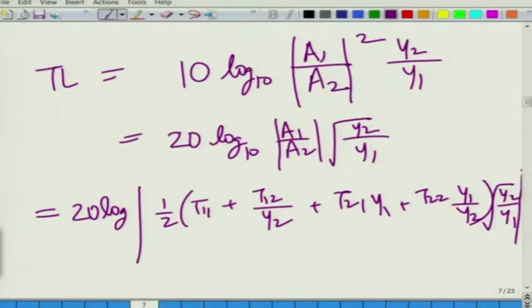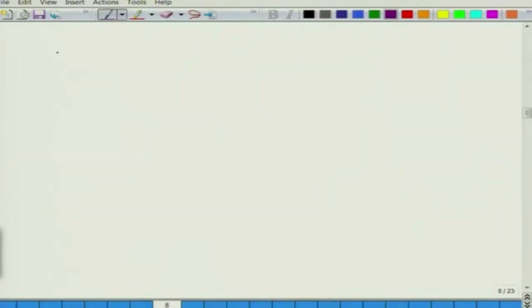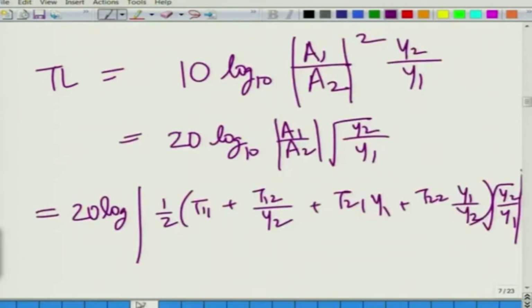Let us quickly see what are the special cases that these expressions can take if we go about simplifying this. What are the special cases that we can get? So, one way of writing the entire thing would be TL is equal to 10 times log 10, and the idea is to eliminate that square root factor.